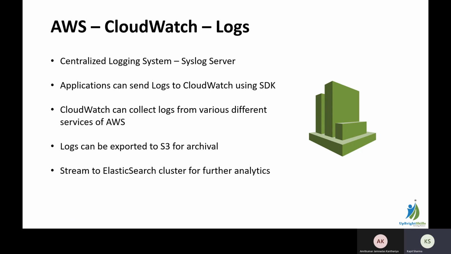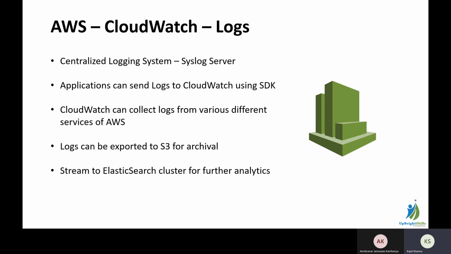CloudWatch can collect logs from various different services of AWS. There are tons of services in AWS that can have different kinds of logs, and those logs can be stored directly in CloudWatch logs. If you want the logs to be stored for a longer period, they can be exported to S3 buckets, and then from S3 buckets you can store them in Amazon Glacier as well.